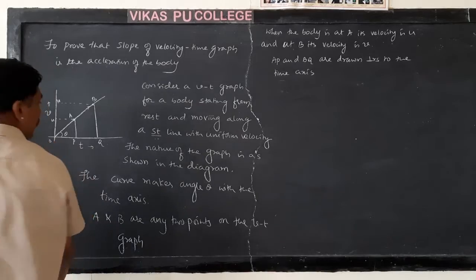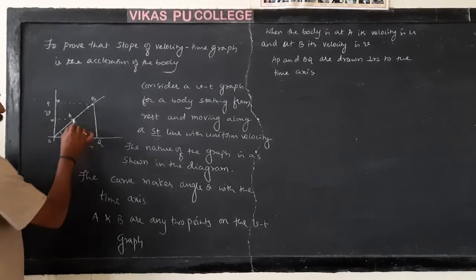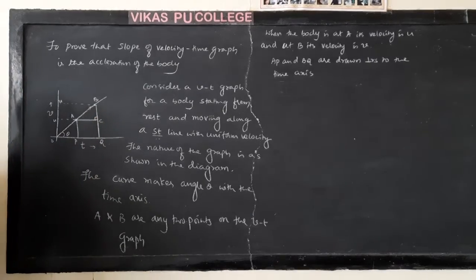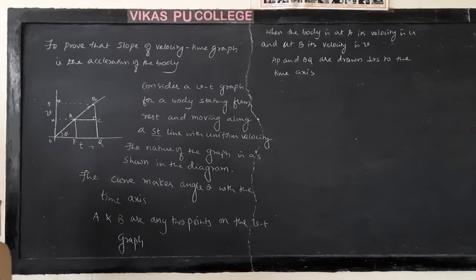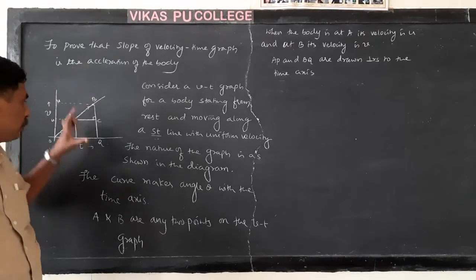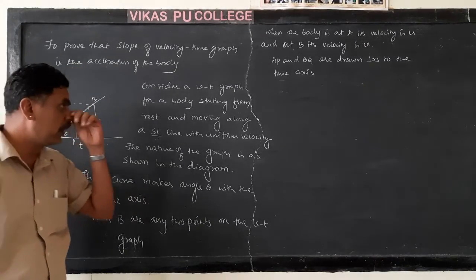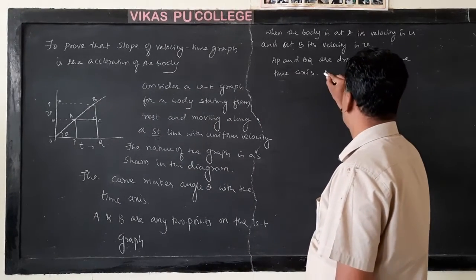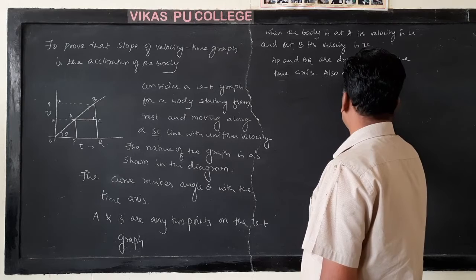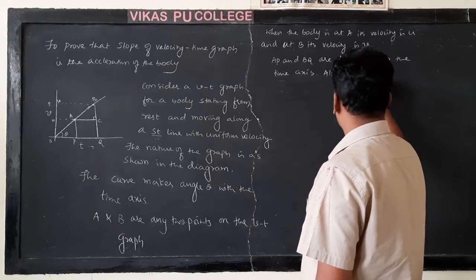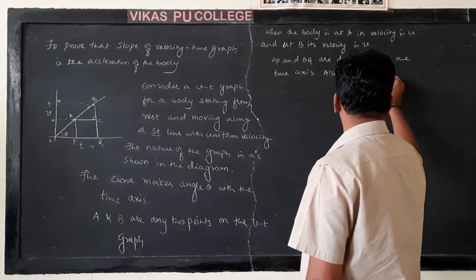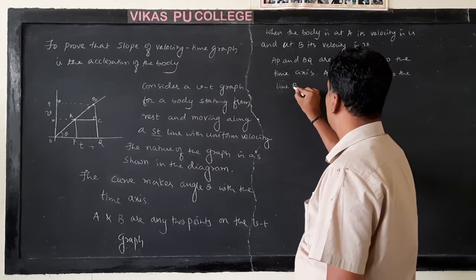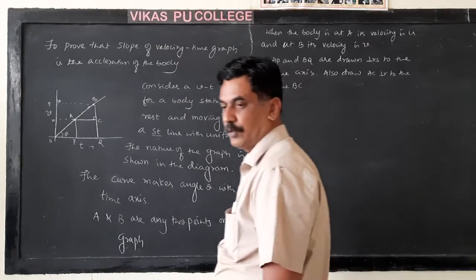And from point A, I draw another perpendicular line, say AC, to the line BQ. So AC is perpendicular to the line BQ. These are my constructions.